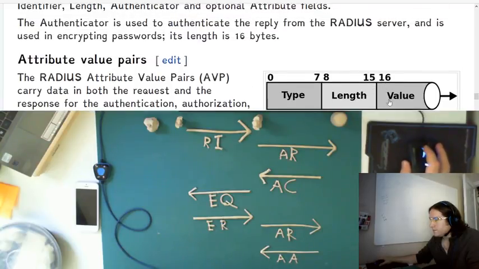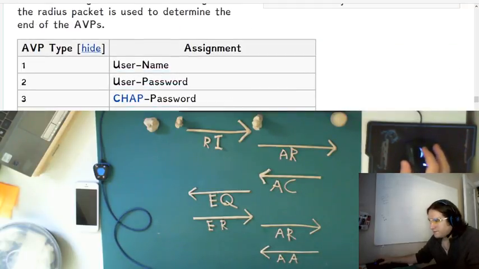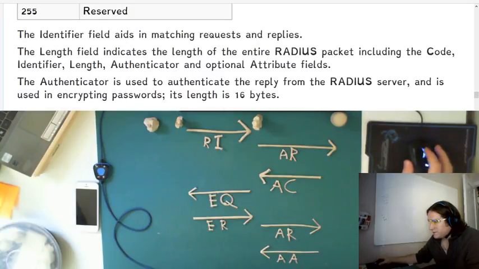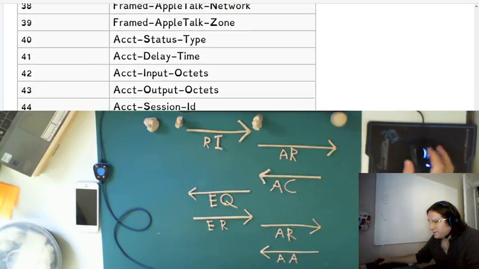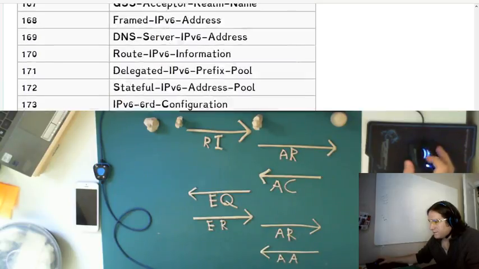Oh no, it's not one. It's continuous, but the first byte starts there. So the type is Framed-IP-Address here, and the length there, and the value there. Okay.